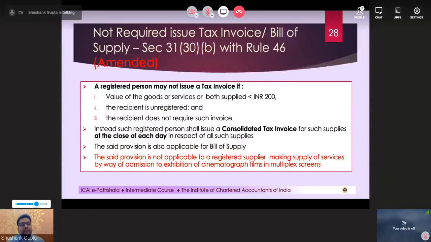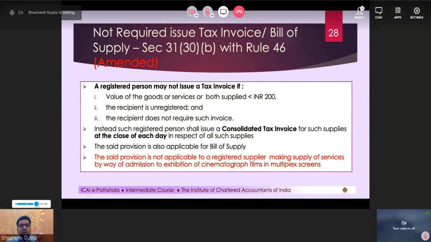However, there is an amendment. Before this COVID lockdown, of course, all of you must have been going to cinema halls and multiplexes to watch movies. Now, usually the movie tickets are below 200 rupees in value. They started taking the position that since it says below 200 and our tickets are below 200, we will also not issue anything.